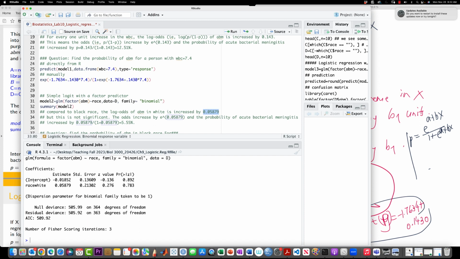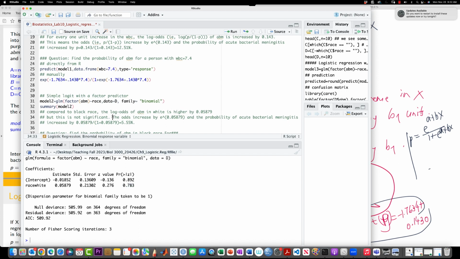You can say that white people have 0.58 higher log odds of acute bacterial meningitis than black people. Compared to the black race, the log odds of ABM in white is higher by this. But this is not significant. Look at that, the p-value is greater than alpha, so it is not significant.